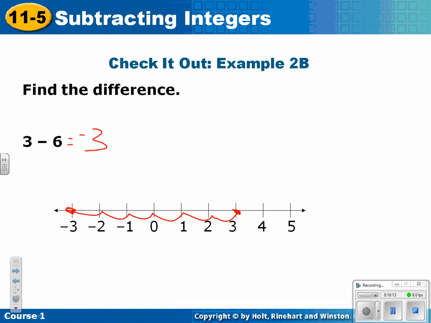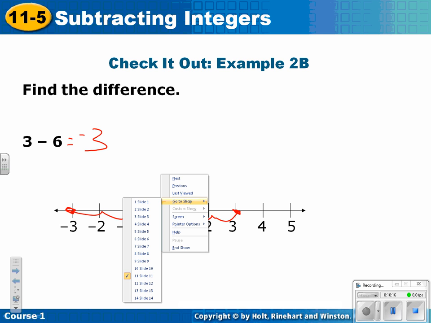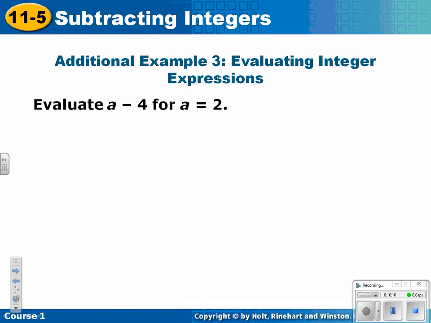Okay? You are going to have problems that look like this. Again, you just need to plug this number in. So it says a minus 4, and then it says a equals 2. 2 minus 4. You're struggling a little bit with it because you've been told your whole life, you can't take 4 away from 2.